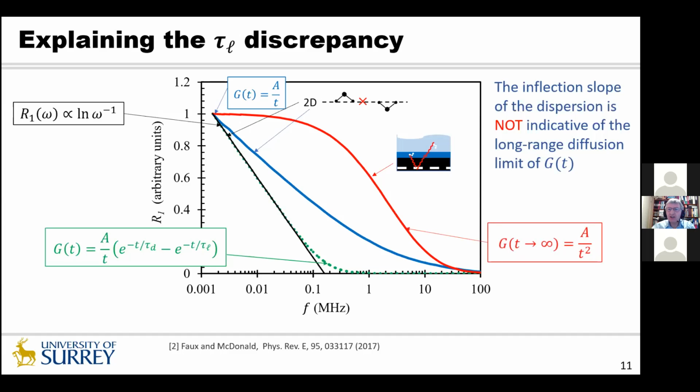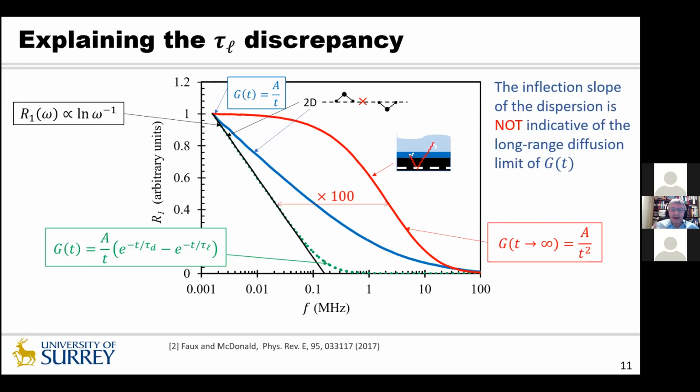But the long time limit of these systems, our 3 tau model system, is t to the minus 2. T to the minus 2 is different from t to the minus 1, yet you get the same slope. Not only that, but the 3 tau model produces this nice rollover of the curve here, which is a feature that's seen in many dispersion curves.